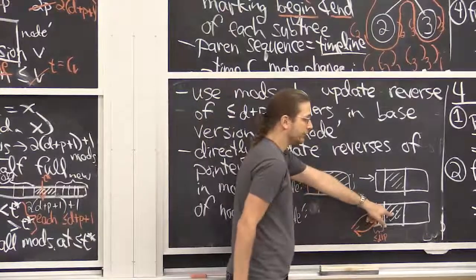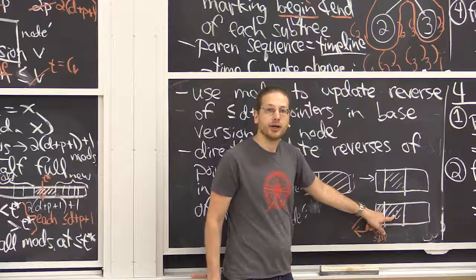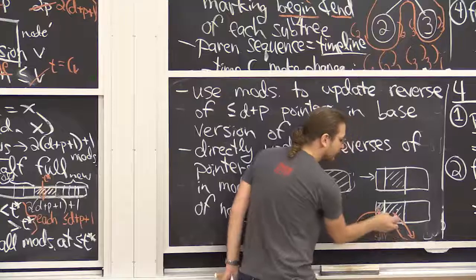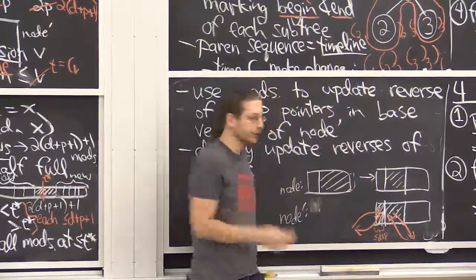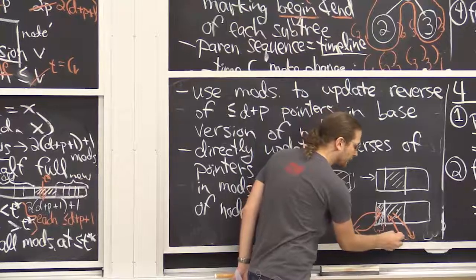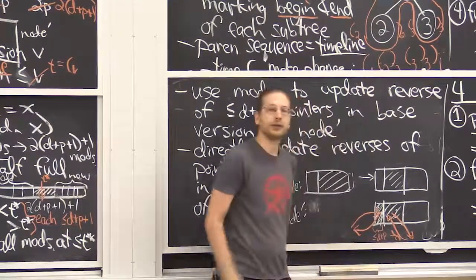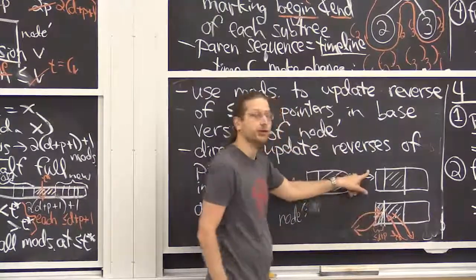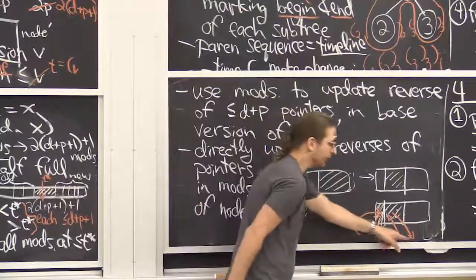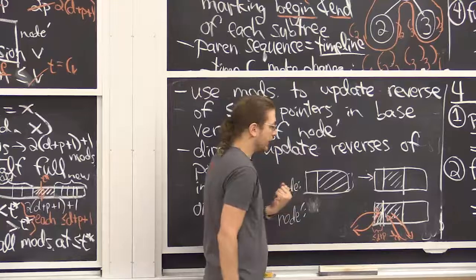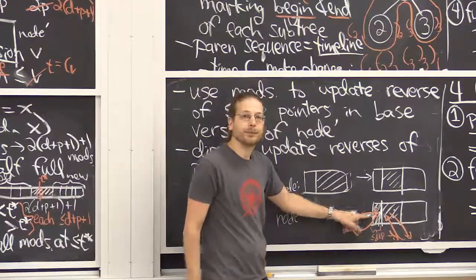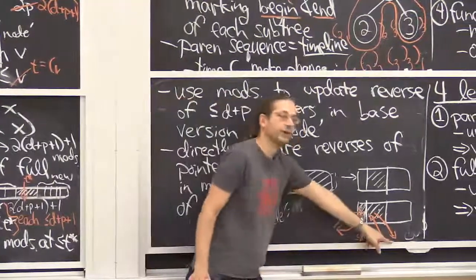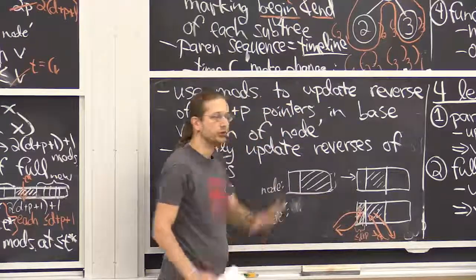Now all of these mods happened at time strictly greater than t star, which means any pointer that comes out of here, its reverse pointer, because we always change pointers in pairs, will always have a time that it pointed to strictly greater than t star, which means this reverse pointer doesn't care anymore about node. It only cares about node prime. Whenever you're following this particular pointer, it will always want to go to node prime because node prime represents all those versions. So we can just directly update, just go in there, modify the cell that's in that node, modify the pointer. You don't have to do a recursive update.